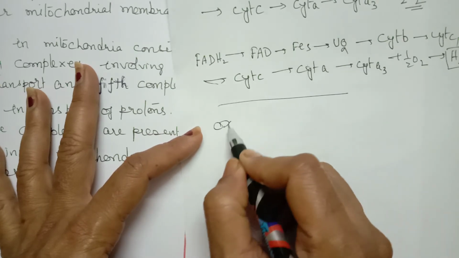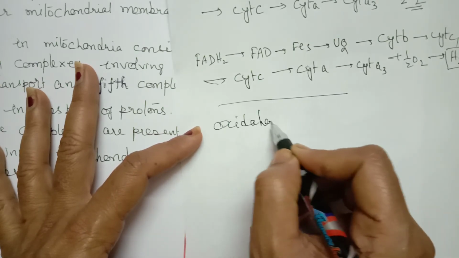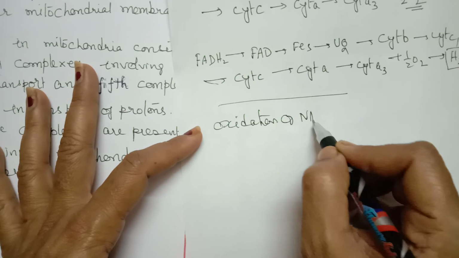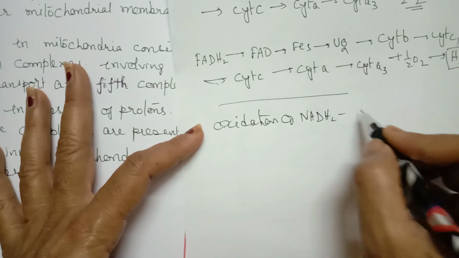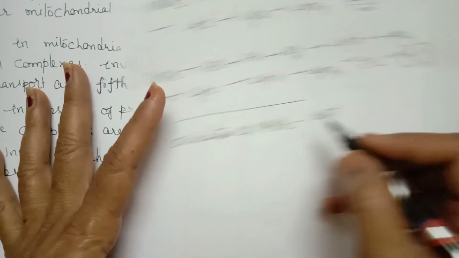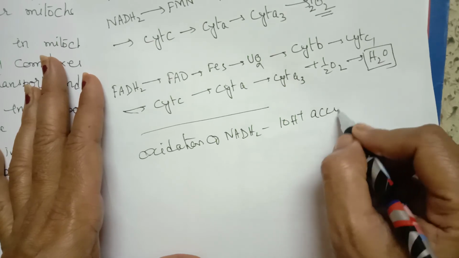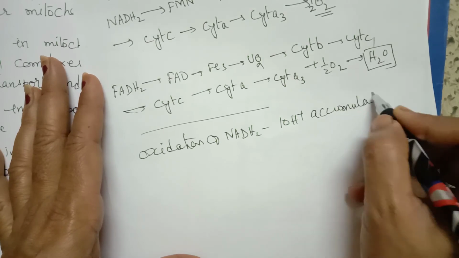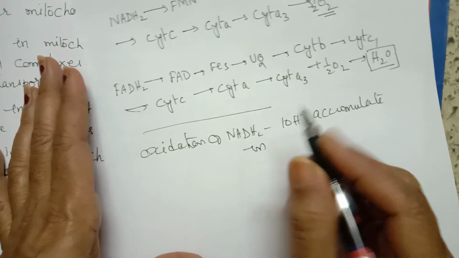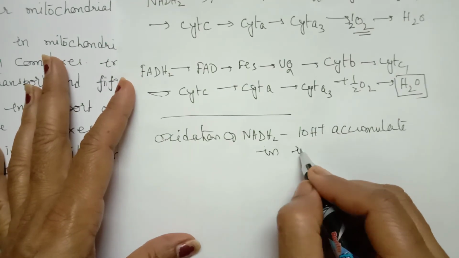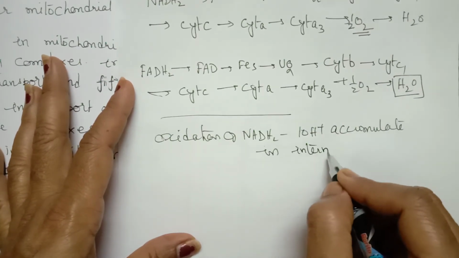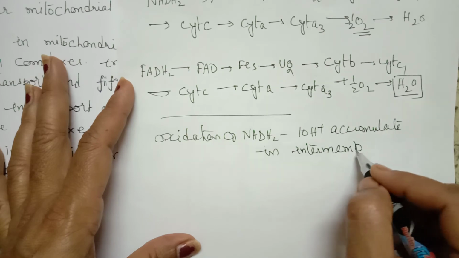So during oxidation of NADH2, 10 protons accumulate in the intermembrane space.